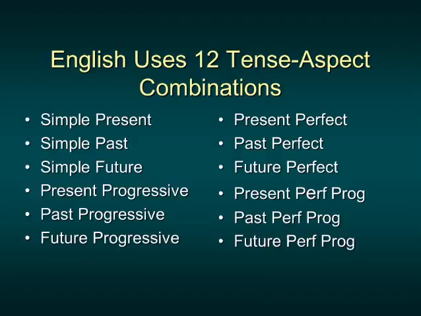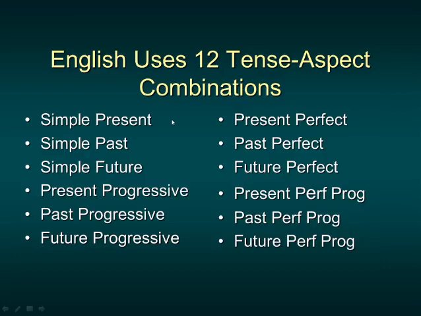English uses 12 tense aspect combinations. What are they? They are derived from the three tenses, which are the past, present, and future. From past, it derives simple past, past perfect, past continuous, like that.